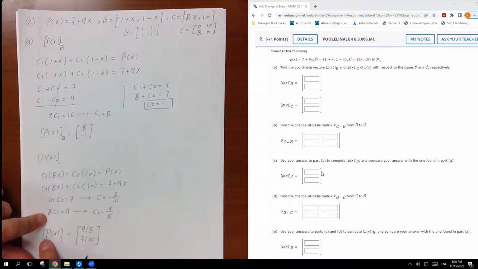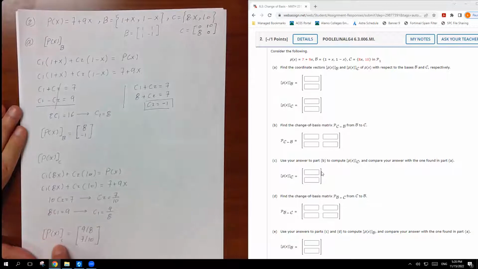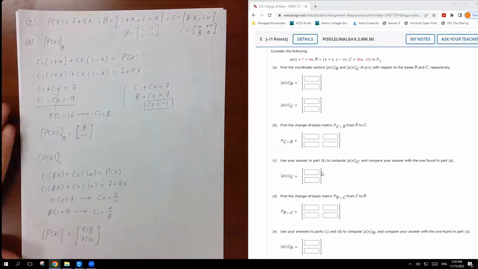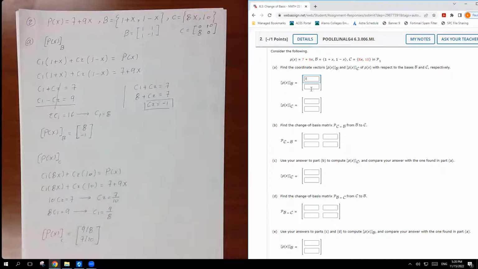So the coordinate vector of P of x with the base C is going to be 9 over 8 and 7 over 10. So that's what we're going to type here: 9 over 8 here. This is 8, -1. And the second one is going to be 9 over 8 and 7 over 10. This is the first part.